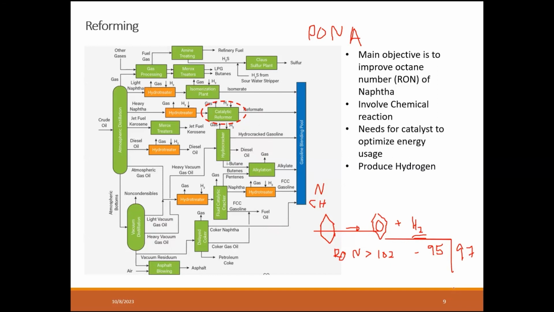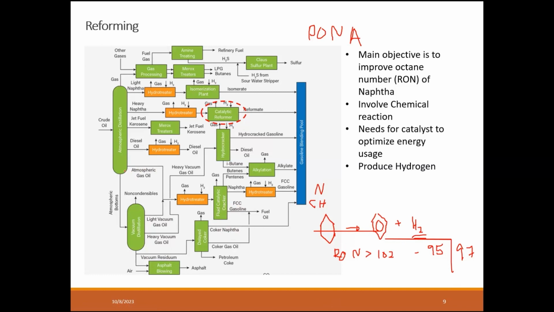But nowadays, the catalytic reformer is no longer an attractive unit, because now they have gone to fluid catalytic cracker, FCC. With FCC, you can have more margin because the feed to FCC is basically heavy stuff.